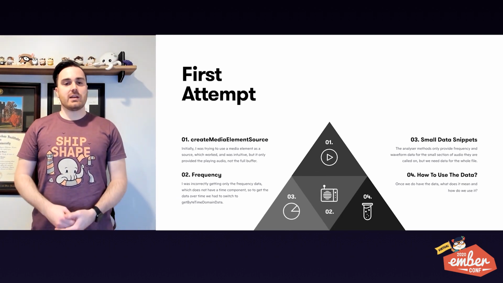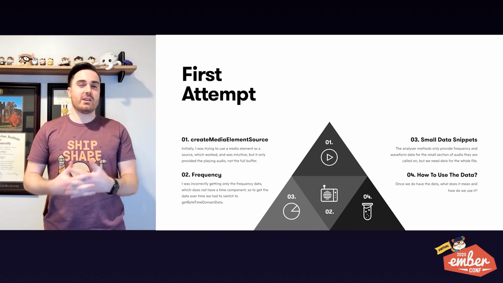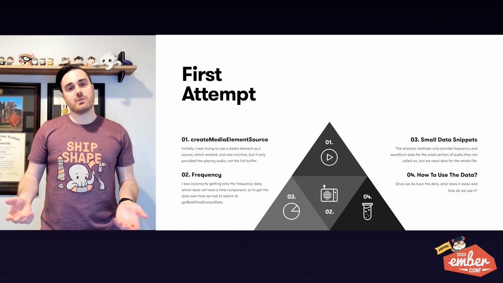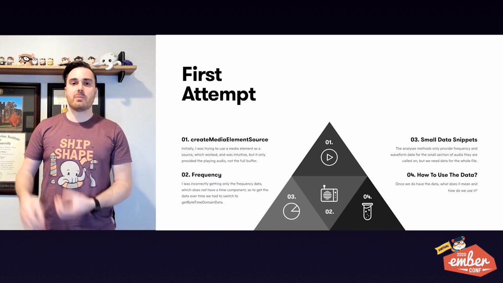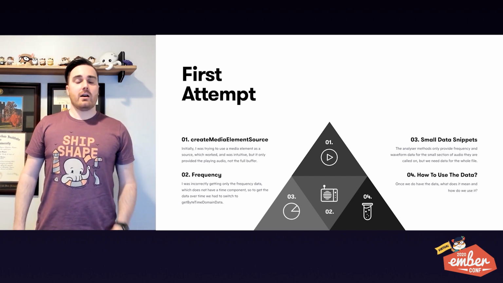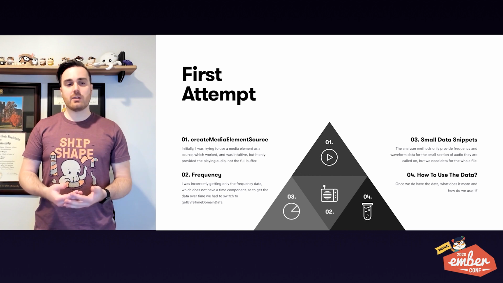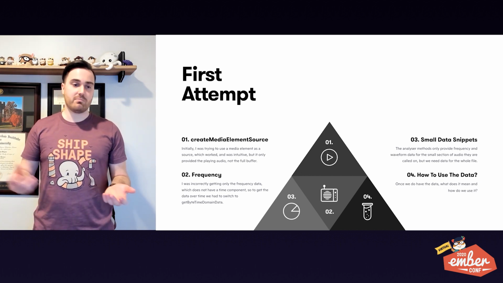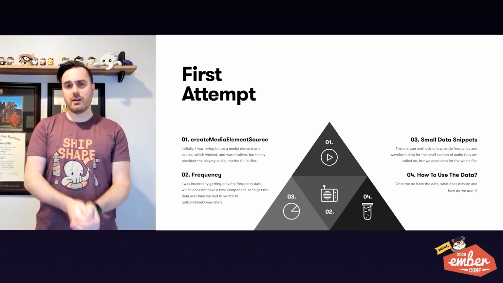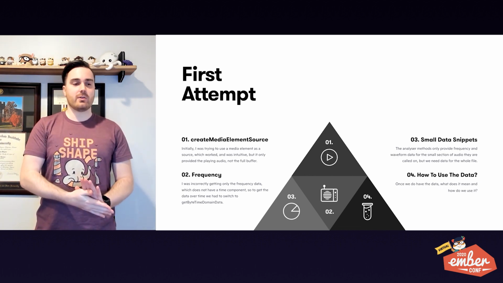So for my first attempt, I was kind of naive, and I thought, I've heard of video and audio elements in HTML, so maybe we should just use that and populate the source with a video or audio file. And that is supported by Web Audio API. There is a method, createMediaElementSource, which basically lets you take source data from an audio or video file and use that in Web Audio API.